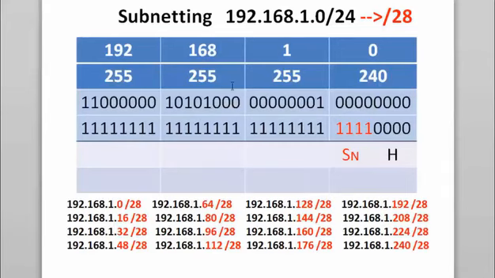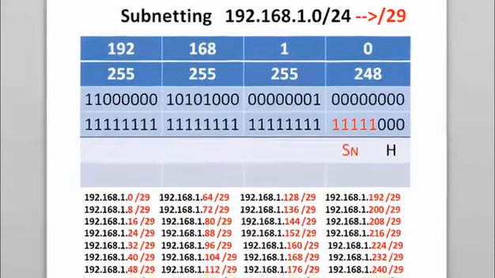Notice that the subnet mask has changed from 255.255.255.0 when it was /24 to now 240. I now have 16 subnetworks, or 2 to the 4th power, and there's 2 to the 4th power of hosts per network, so there's 16, or 14 usable, host addresses per subnet.